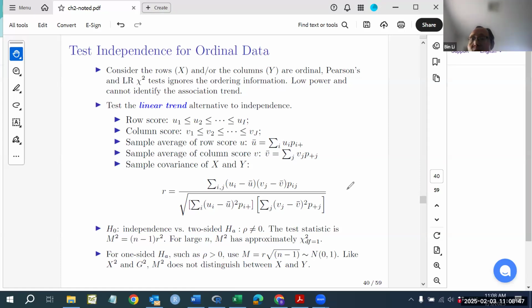That means the chance of rejecting the null hypothesis, if the null hypothesis is not true, is relatively low. Okay? And if we know the direction of the deviation from the null hypothesis, then we can specify a more specific alternative.